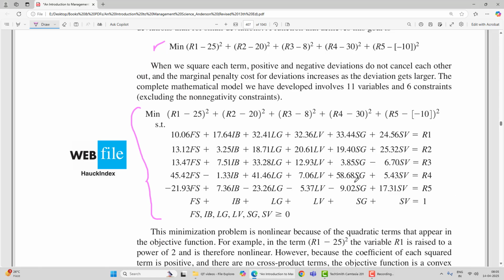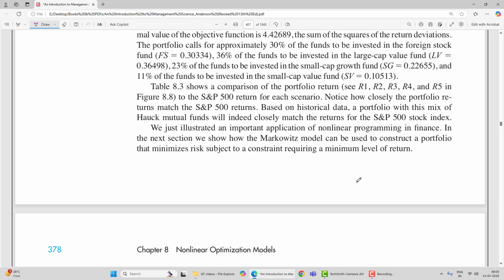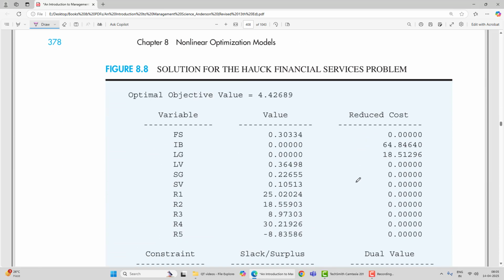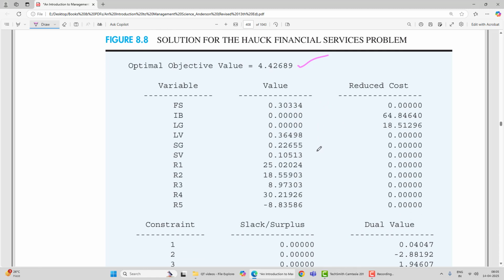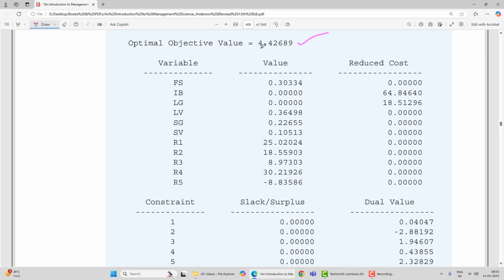So when you get this solved, you are going to get a 4.42 overall return. But you will never actually get 4.42, because this is a combined value of the return and probability.